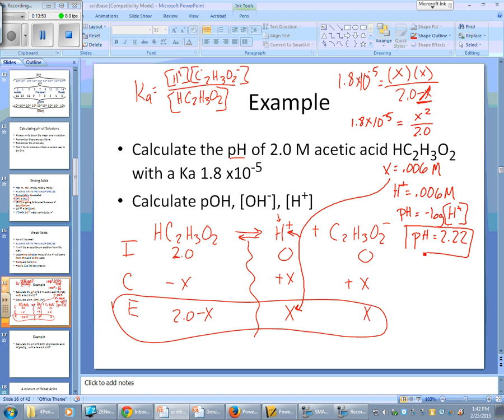Now I could find my pOH by subtracting that from 14. And I could find my hydroxide ion concentration a couple of different ways. I could use 1 times 10 to the negative 14 divided by my hydrogen ion concentration, 0.006, to find that. Anyway, I can go back and forth between any of those using those formulas that we talked about last time.